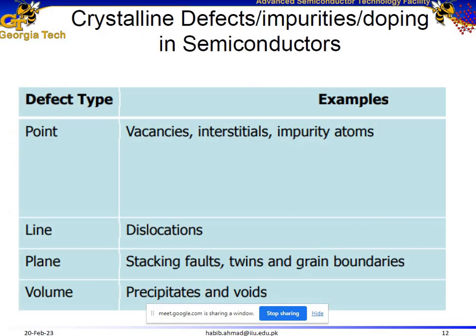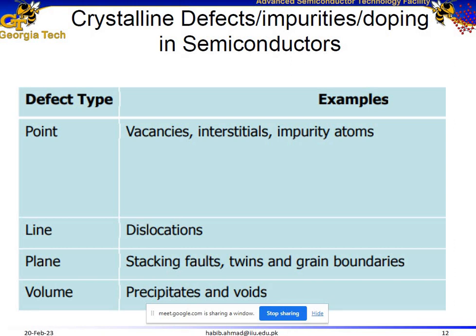Another concept that I want to talk about is crystalline defects, impurities, and different kinds of dopings in semiconductors. We already talked about periodic arrangement of atoms in a crystal lattice without any kind of defect or impurities.